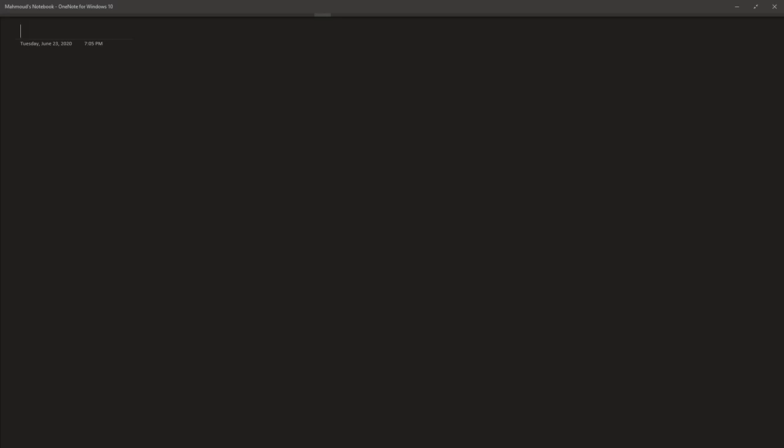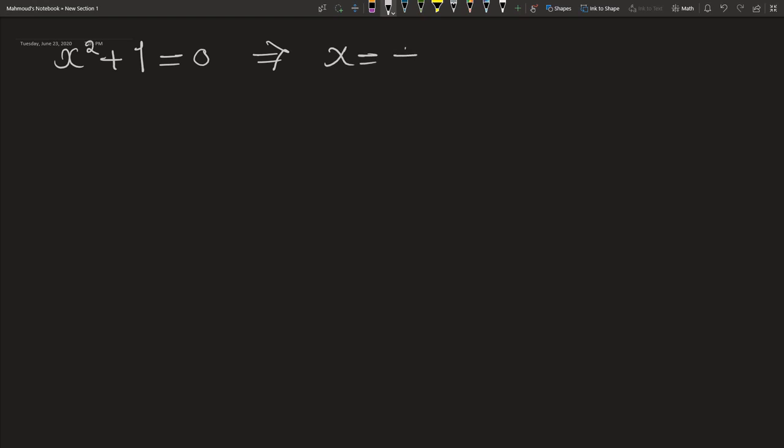For sure, we can solve the equation x squared plus 1, right? Because that's the whole point of introducing j. This equation will have the solution x equal to plus or minus j.